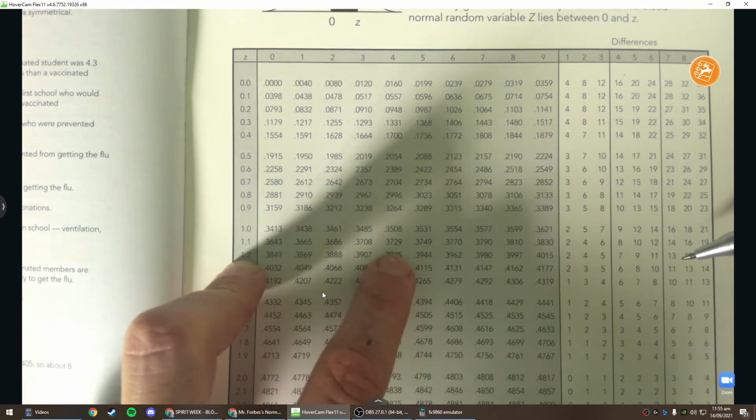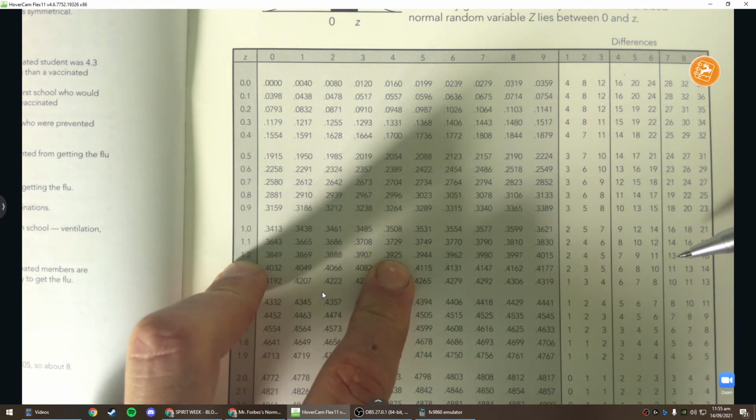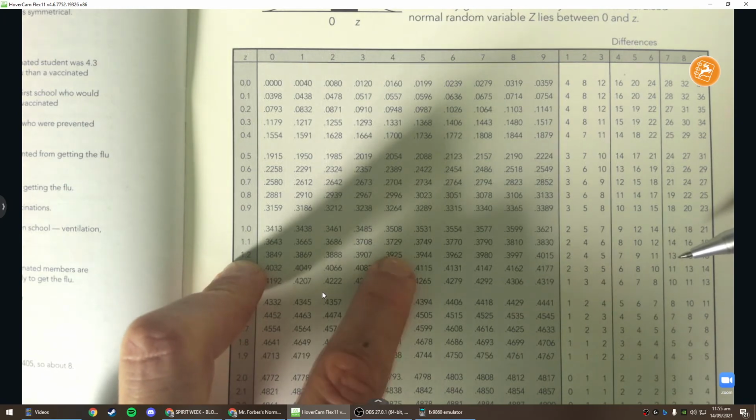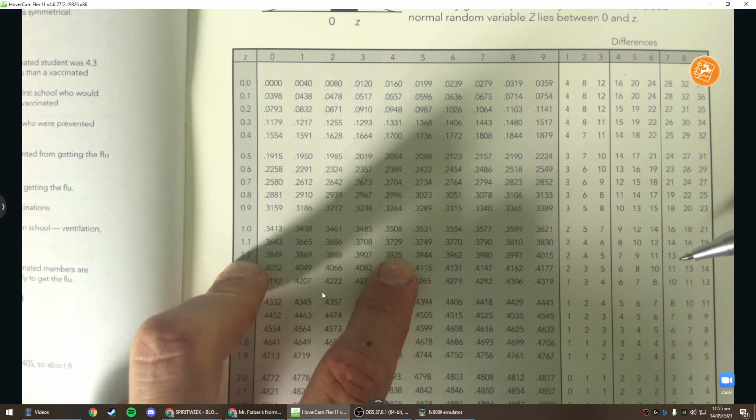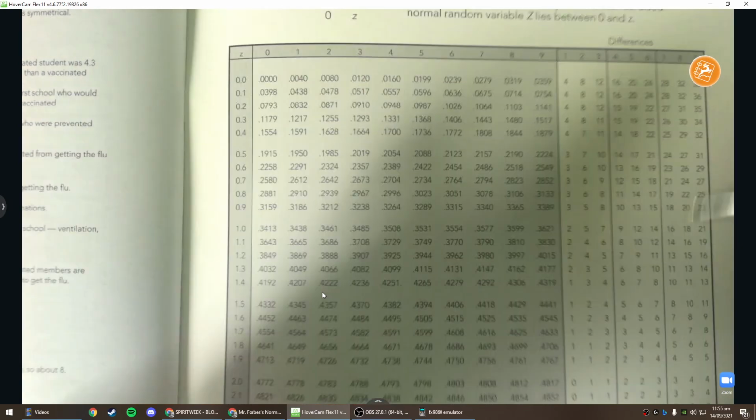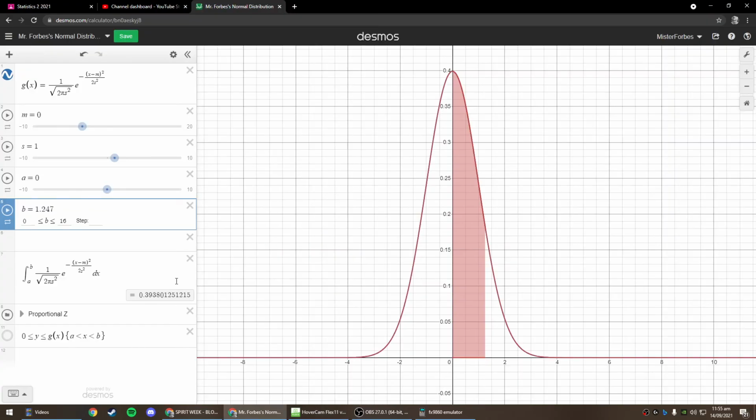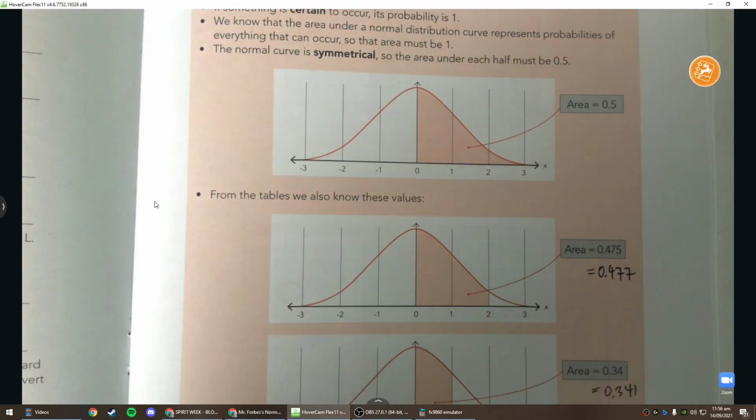So see how it's 0.3925. We then add 13 onto the 25 at the end there. So that would make it 0.3938. And let's double check that that's correct. 0.3938. So that's how you do really accurate questions. So hopefully that covers what we were doing on page 19 of the book.